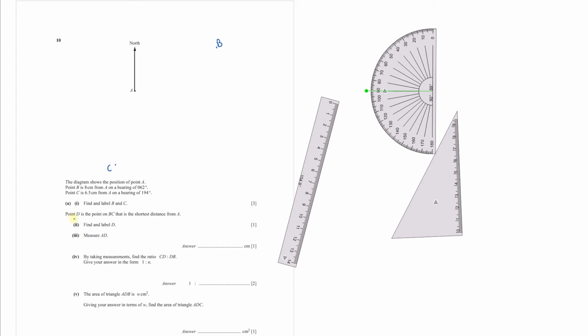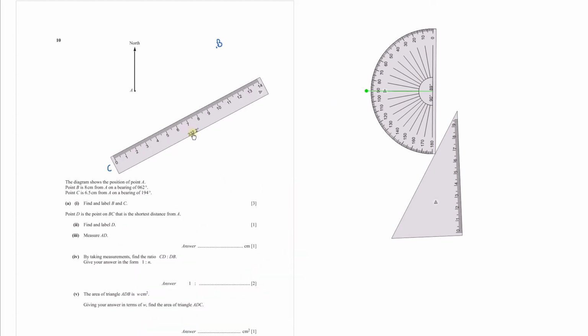The next part is point D is the point on BC that is the shortest distance from A. Find and label D. So first you have to draw this line BC and then see where is the point which has the shortest distance from A on that line BC. So let's first draw this line here.